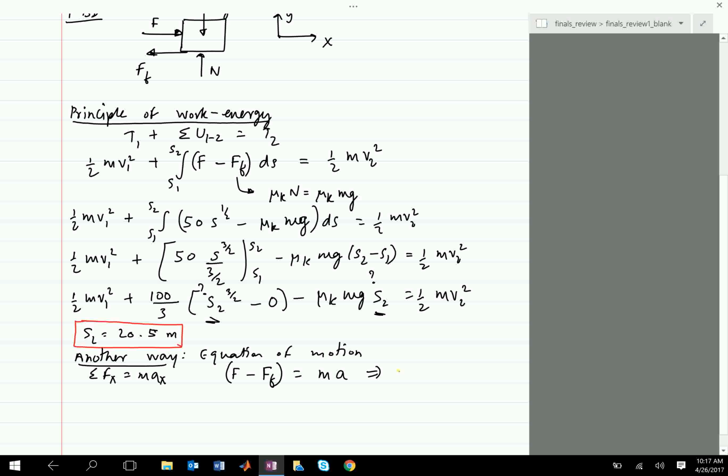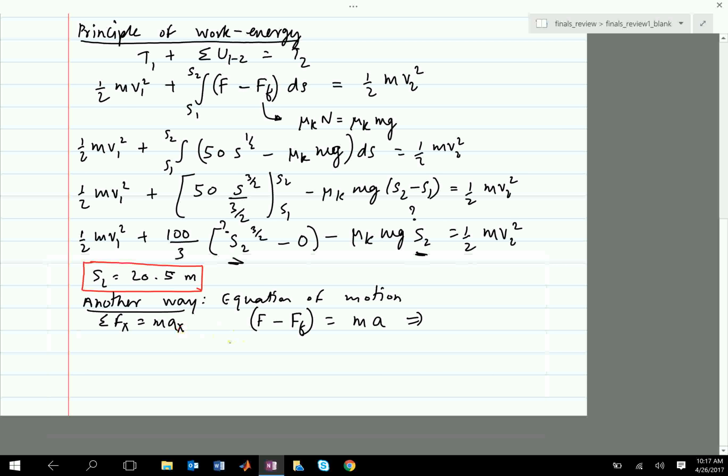Okay, now F is 50 s to the half minus mu k mg equals, okay, now if you write on a new line, 50 s to the half minus Ff, which is mu k mg, equals m times the acceleration. Now I need to write the acceleration in such a way that I can use it to find the velocity, right? Eventually I'm interested in finding s as a function of velocity.